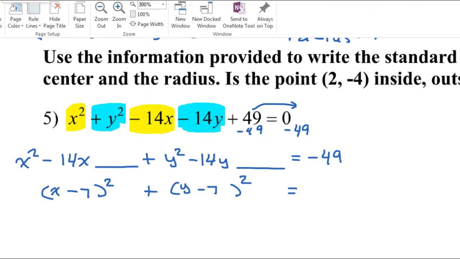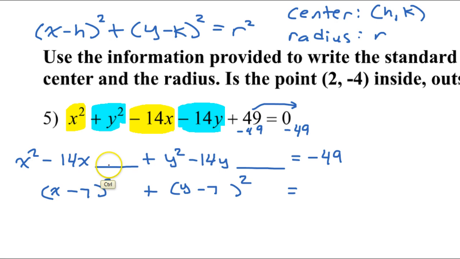What I'm about to write down right now is absolutely mandatory. You need to fill in the blanks, complete the square. The way you do that is you take the number that you put in the parentheses and you square it. So (-7)² is positive 49. I'm going to put a positive 49 right here, and then I also need to put 49 on the other side of the equation.